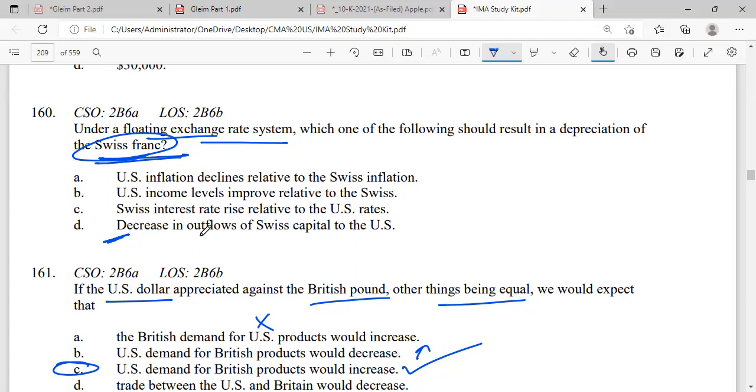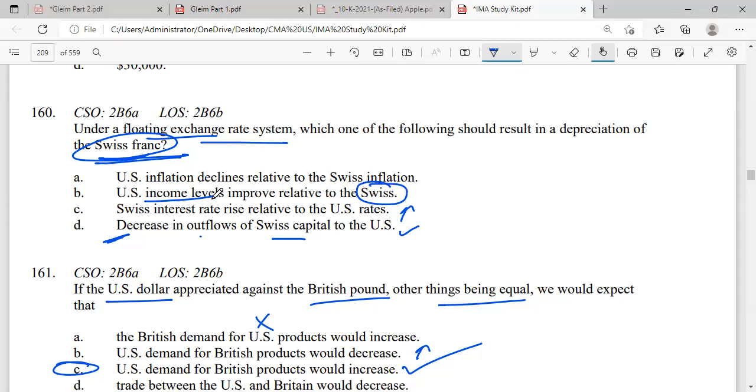Swiss interest rates rise relative to US rates. Now, if Swiss rates are rising, then it is again appreciating. US income levels improve relative to Swiss. When income levels are increasing, it is fine, but it does not mean that the Swiss value is going down.